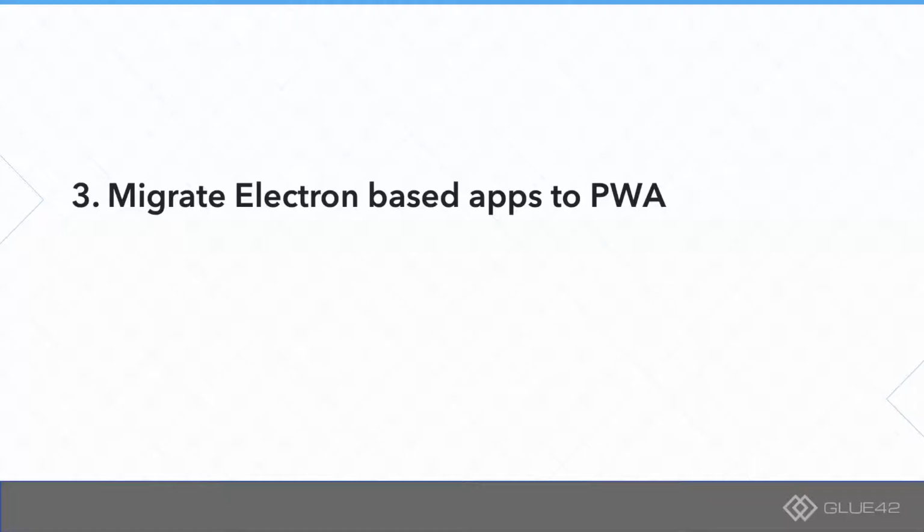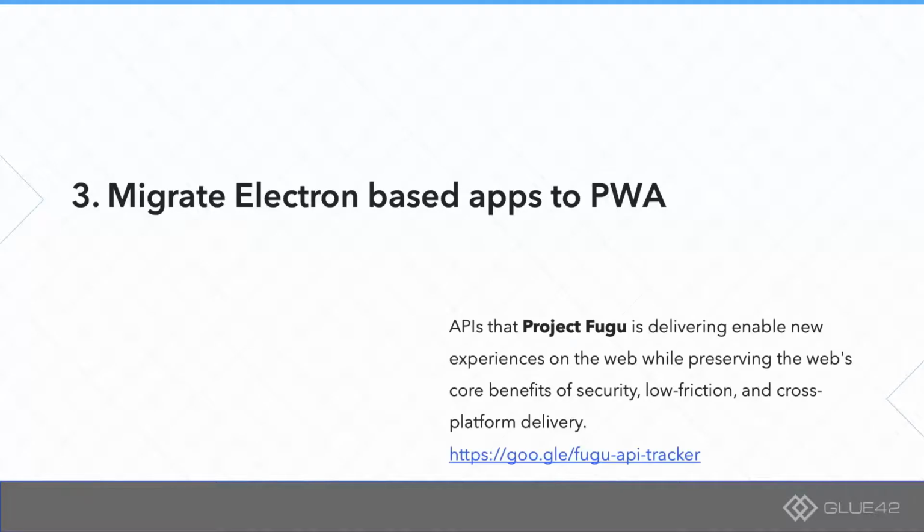Now, if your app, however, is using certain advanced Electron capabilities, like, for example, access to the file system, then make sure that you check the so-called Project Fugu, a Chromium initiative to close the gaps in web's capabilities versus the native platforms.